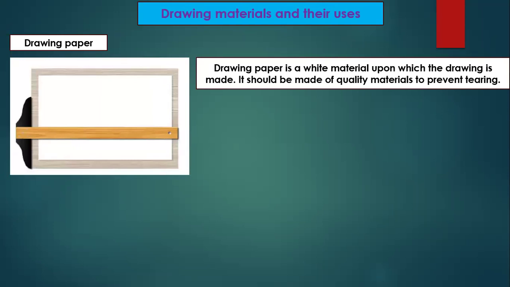As you can see, we have a drawing paper on the board, and as it's written as text here, the drawing paper is a white material upon which the drawing is made.